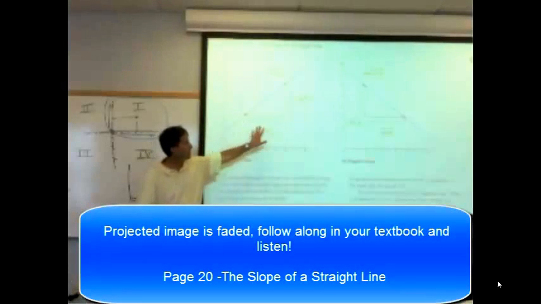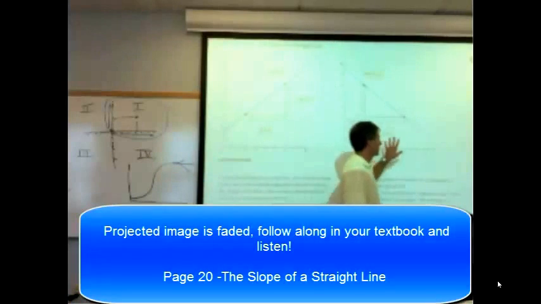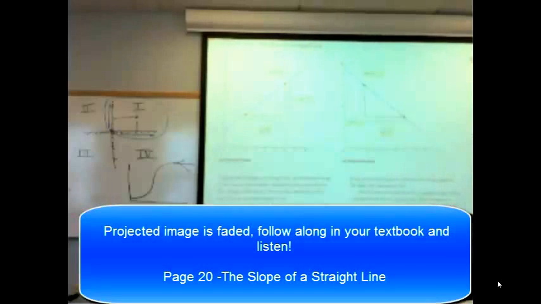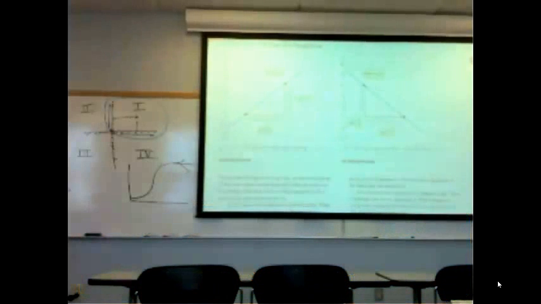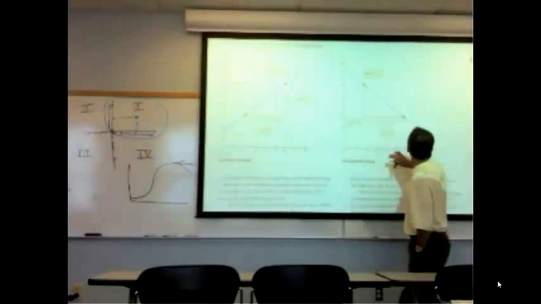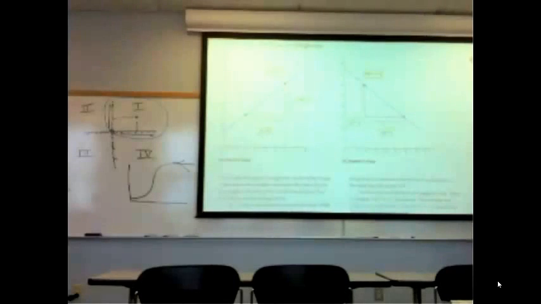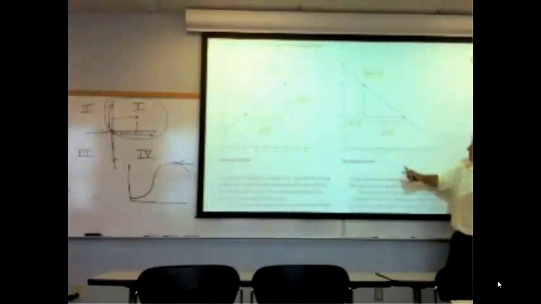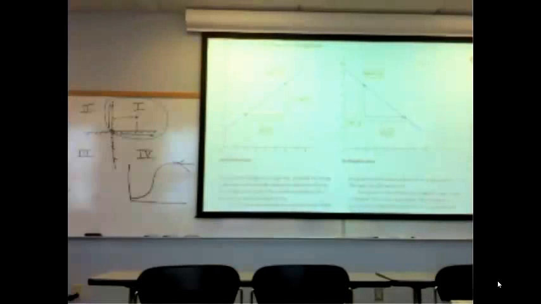I don't know how you remembered it when you learned it once upon a time, but if you're doing it this way, the rise is the y-axis, and so the slope would be change in y over change in x. Those triangles are math notation for the word change, which I use quite a bit in class. But what I'm just trying to remember is good old rise over run.